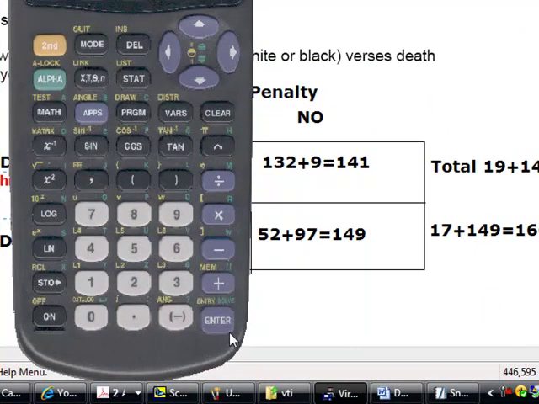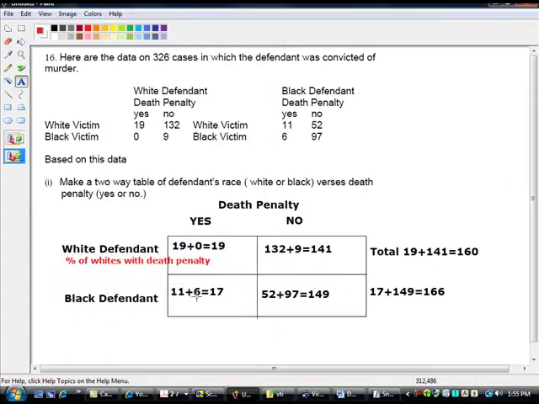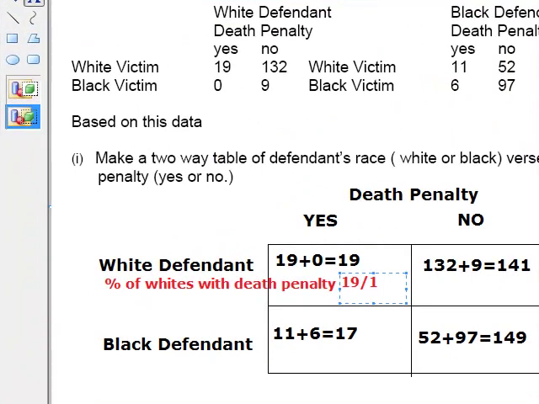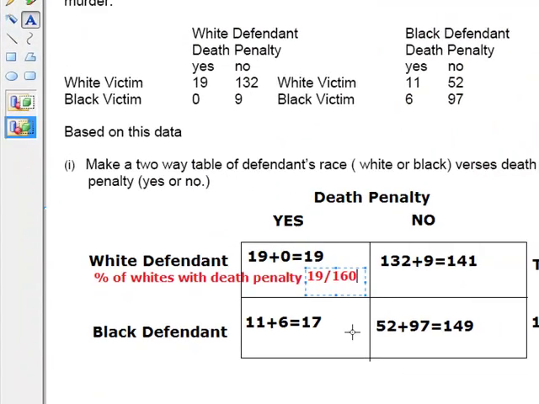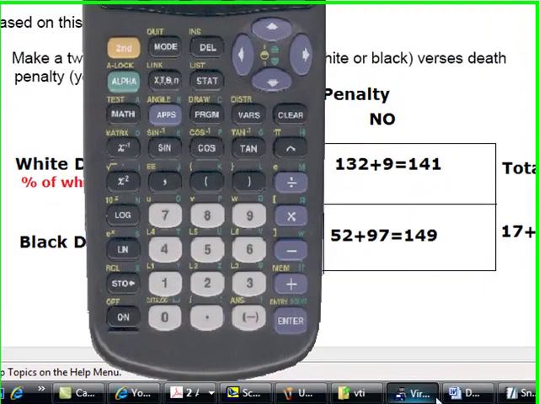See, it's just more words, less math, right? So it's 11.875, right? And that happens to be about 11.88.